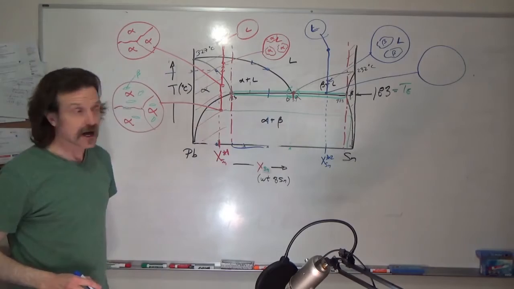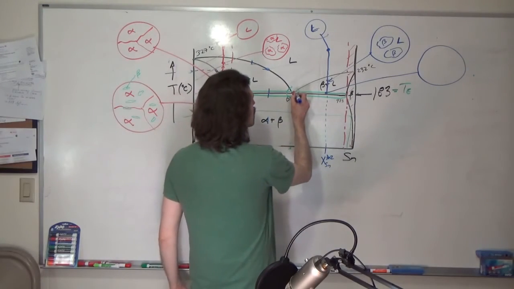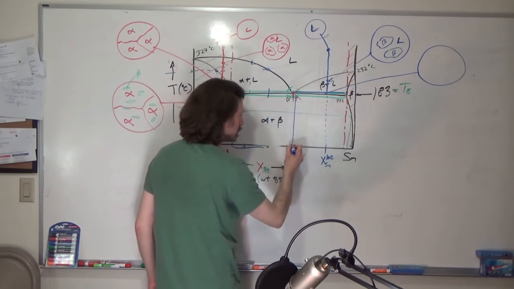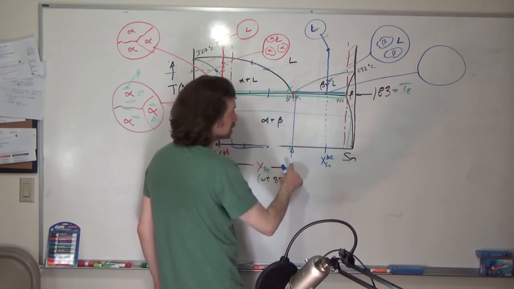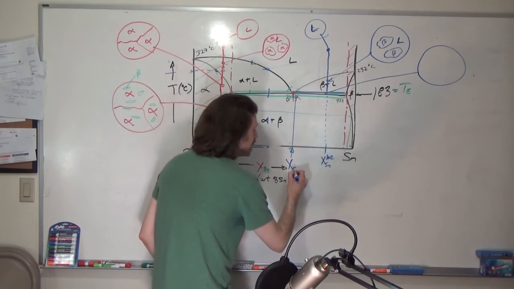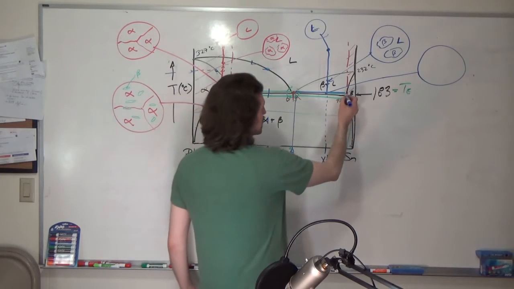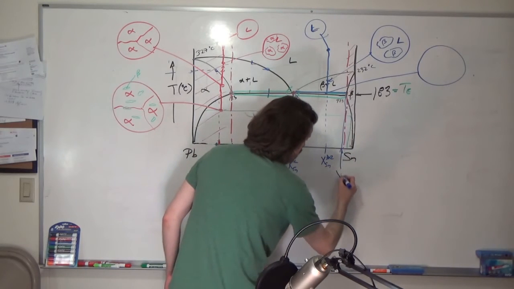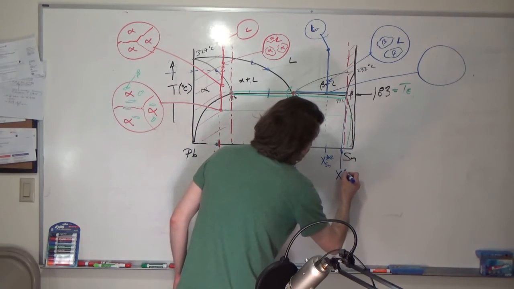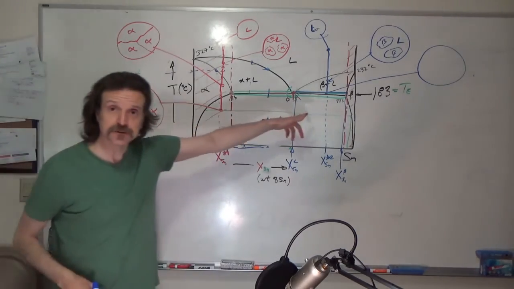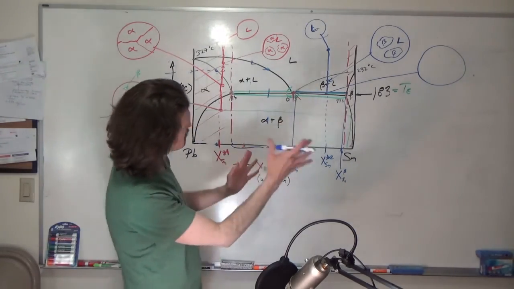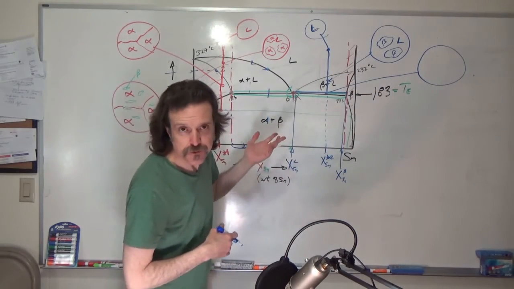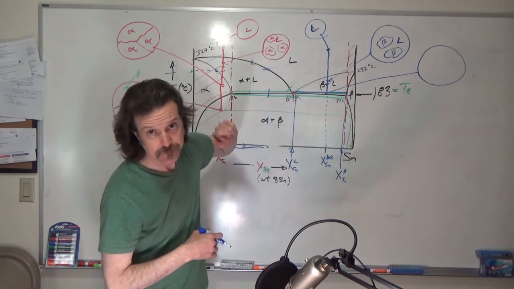At 184, we can draw our tie line, and now we can read the composition of the liquid, XSN L, and the composition of the beta, XSN beta. We can use those to get the phase fraction, and it looks like it's about maybe 2/3 liquid, or sorry, 2/3 beta.